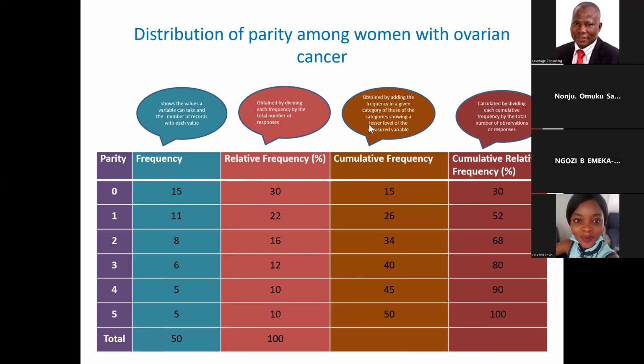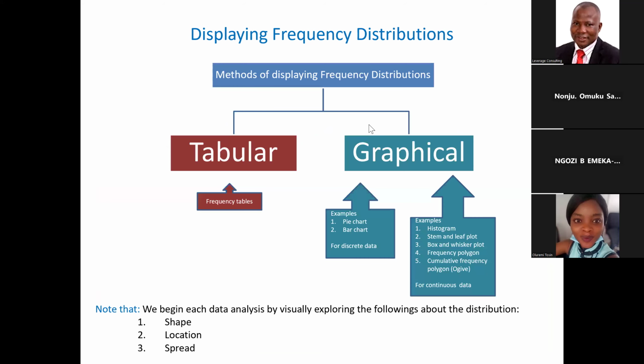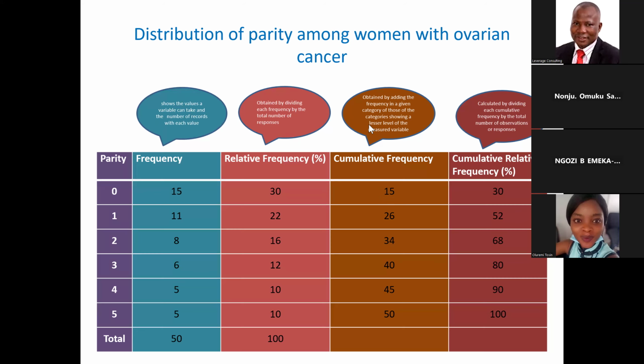In that situation, 25 of them have para 0 in that study, so you say 25 over 150 times 100%. Can you see? By the time you express each frequency as a percentage, it will be easy to compare across studies. After all, when you are quoting a study, you are not going to be asking for the sample size.